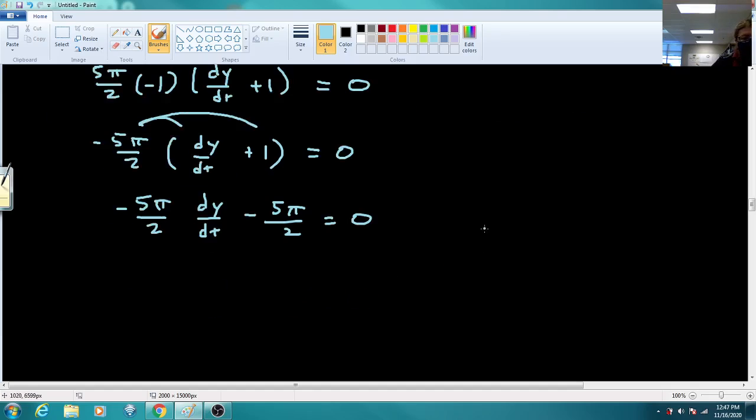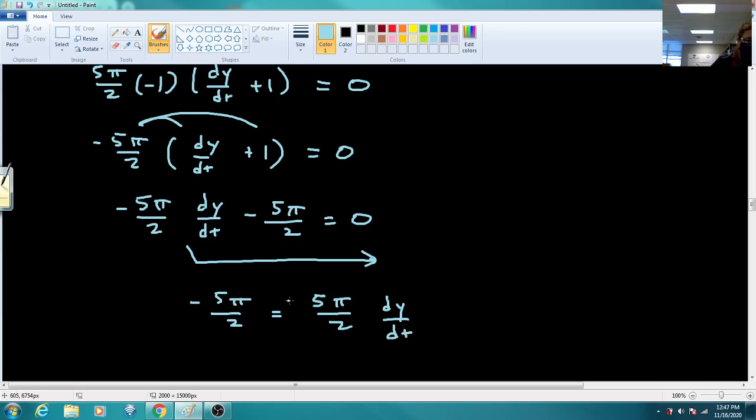So we get that. I'm going to slide this term across the equal sign, so it comes over as positive. And then I want to get rid of this, so I'll multiply by the fraction flipped.